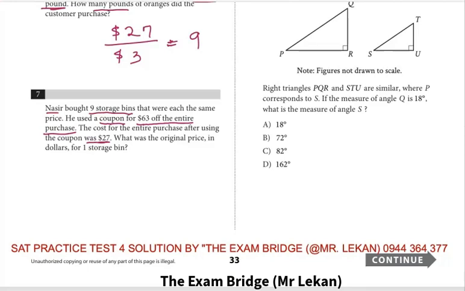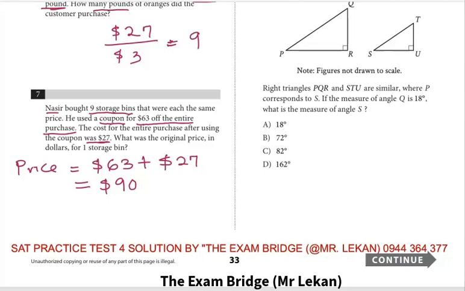That means without the coupon, the price is equal to $63 plus $27. Without the coupon, the price will be $90.